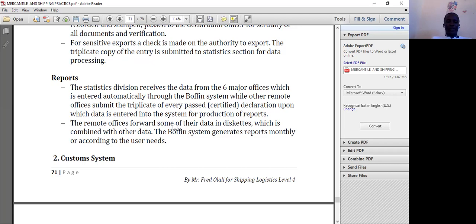In reports, the statistics division receives the data from the 6 major offices, which is entered automatically through the buffering system, while the remote offices submit the triplicate of every passed or certified entry. Then the remote offices forward some of the data on diskettes, which is combined with other data. Then the buffering system generates a report monthly or according to the user.